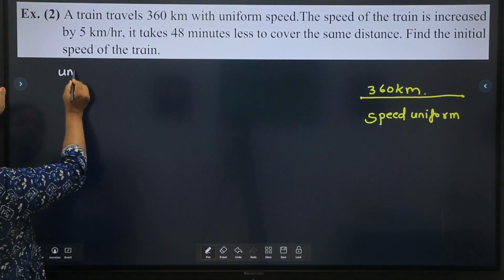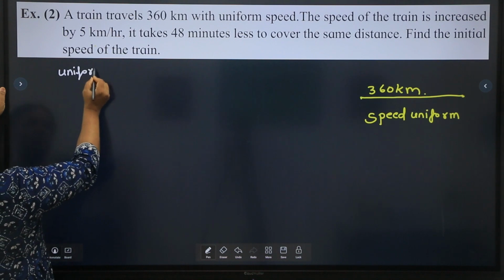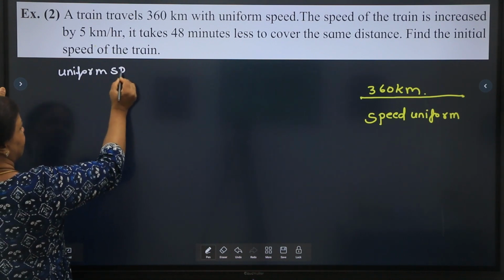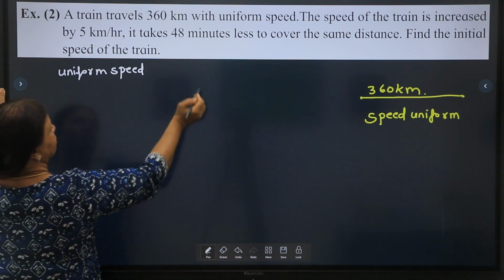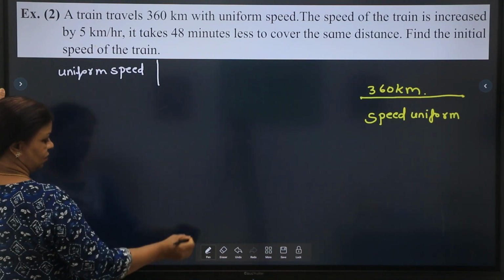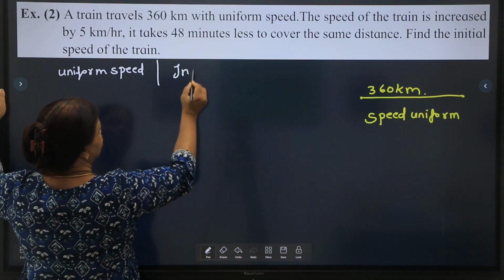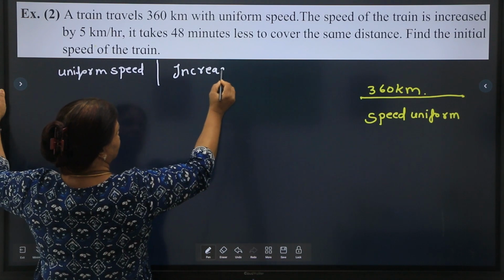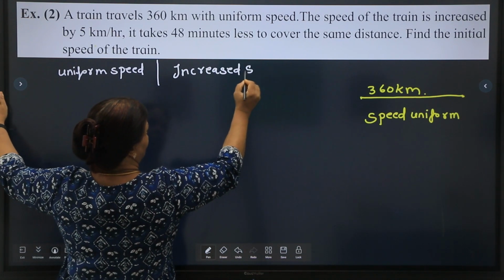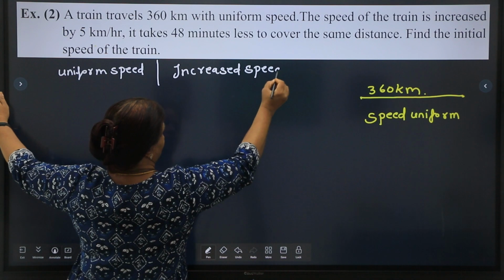Uniform speed and increased speed, and here increased speed. Okay, fine.